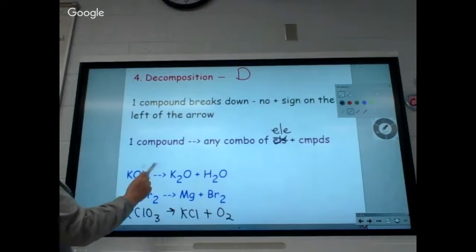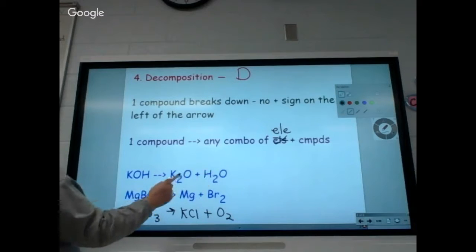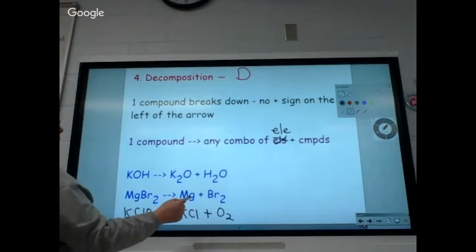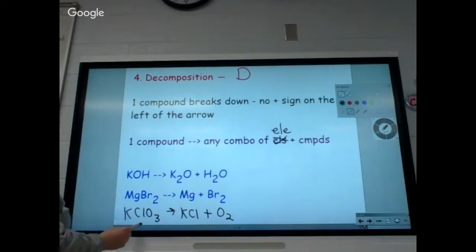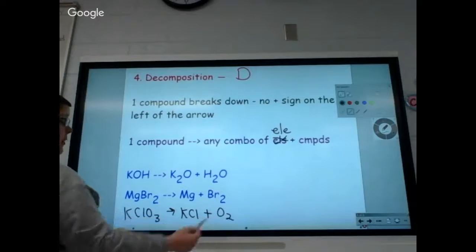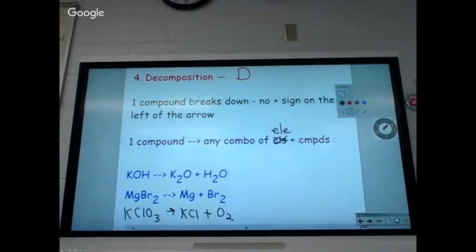So you start as a compound, you break down into two compounds. This one is a what? And it breaks down into what? Breaks into elements. This was a what? And it broke down into what? Compound and an element. So you can get any combination. Now, what's different about this versus the last one? Where do you not have a plus sign?